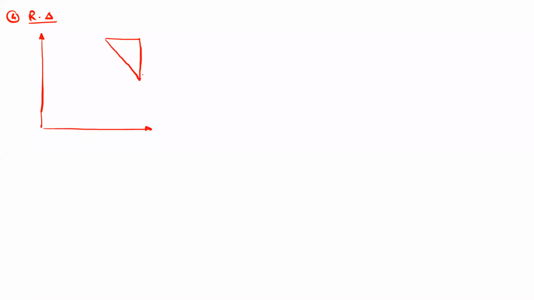This is the last right angle triangle. This is 90 degree. This is 10 mm and this is also 10 mm. So we know the center of gravity will be at this position.